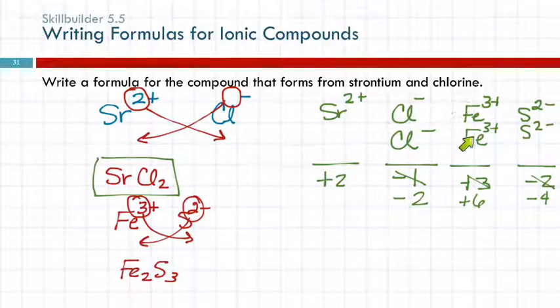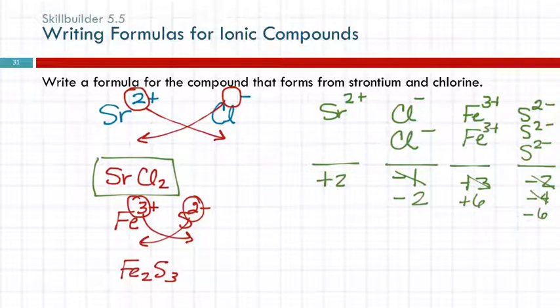So we've got a total of +6 and -4. So now we're short on this one. Oops. So let's put in another sulfur. And that brings us to -6, and oh, look, we arrived. We got the total positive and the total negative charge to add up to 0.